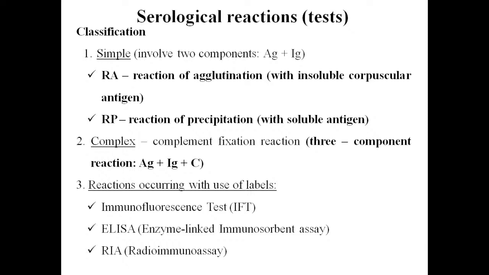The second type of serological tests are complex tests. For example, it is complement fixation reaction or complement fixation test. It is a three-component test. It includes antigen, then antibody or immunoglobulin, and complement. And another group includes reactions occurring with use of different labels.